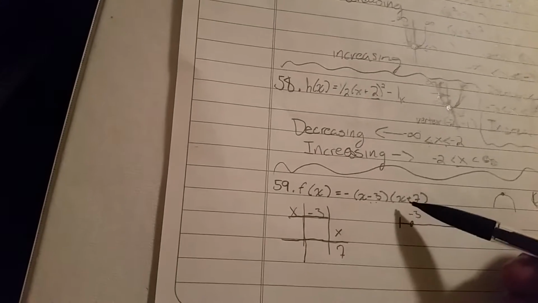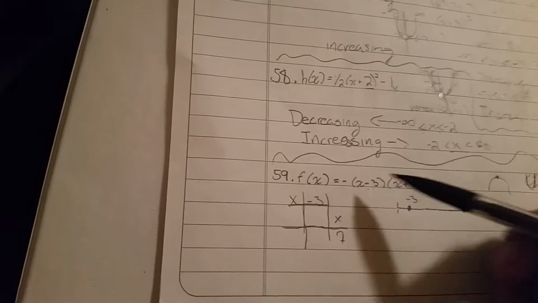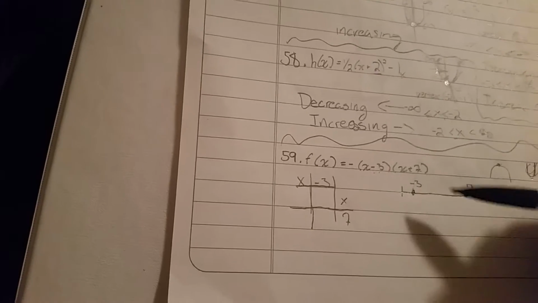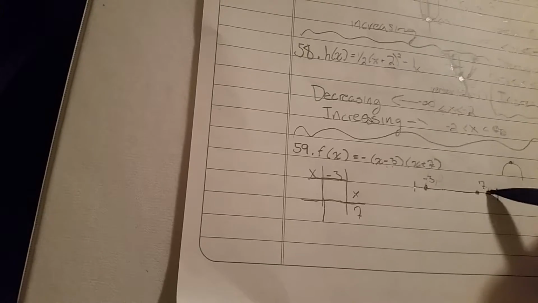These are our x values of the roots. Right here, it gives us the x value of the roots. So if we were to graph this, say we have a y-axis right here, the roots would be at negative 3, 0 and 7, 0.